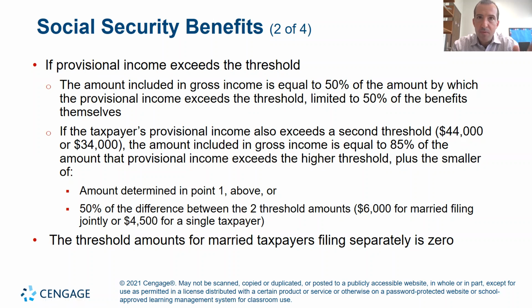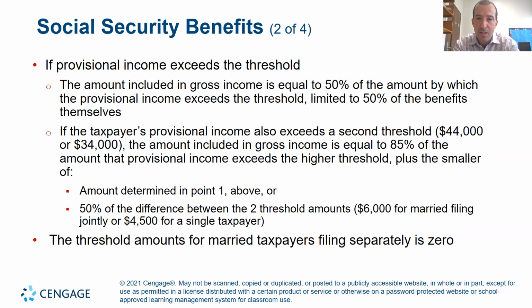However, if the modified adjusted gross income, which is income from all the other sources, plus half of Social Security exceeds those amounts, then some of that amount needs to be included in gross income to be taxed.